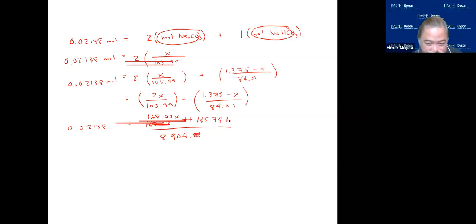And the last one here, it's not a plus, it should be a minus, 105.99 if I'm not mistaken. Right? Because 8,904 divided by that one equals that, because we get that from this times this.